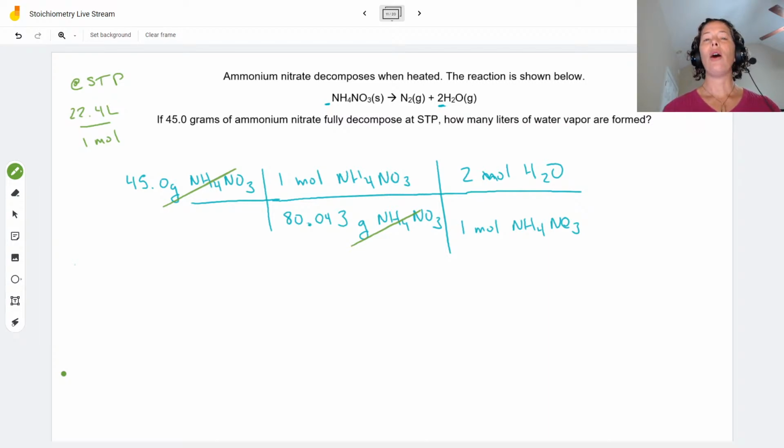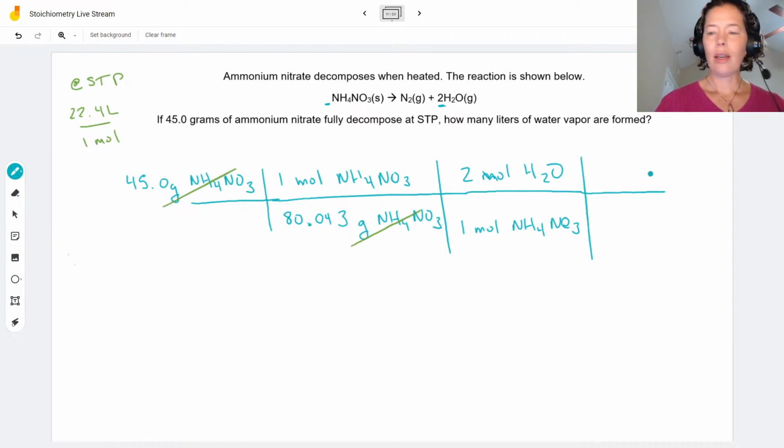The temptation is later on in other problems where you're not at STP, it's very tempting to use this 22.4 liters per mole. However, in this case, because the problem did specifically specify STP, we can use this 22.4 liters per mole. So let's set up one more conversion factor. And that is going to be in 1 mole of our ideal gas, in this case water vapor, there are 22.4 liters.